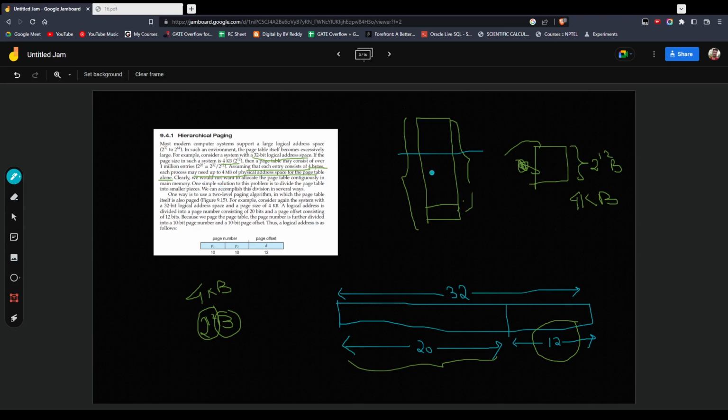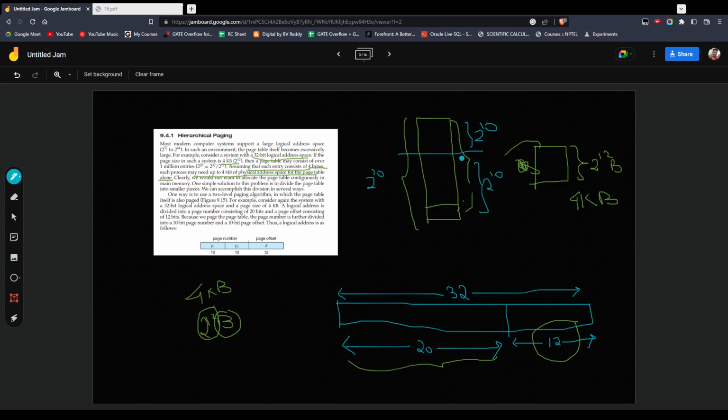Like if this has 2 power 20 entries, and I divide it into 2 power 10 into one part and the rest 2 power 10 into another, so we have just two parts, which they have done in this case. That is also possible. But I'm saying that this address split must be given in the question.